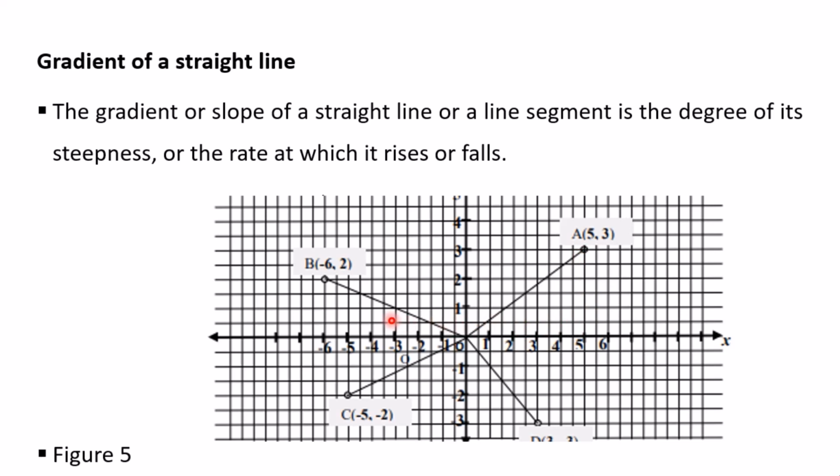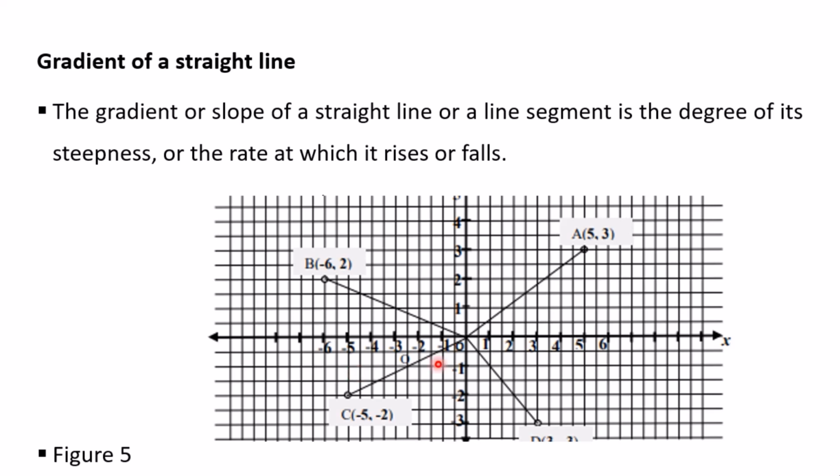When you take OB, for example, for every 2 units you move upwards, that's the vertical, there is a corresponding -6 units. When you look at OC, for every 2 units downwards, that's -2, there is a corresponding 5 units to the horizontal. So that's going to give us -2 over -5, and the negatives cancel each other. That's going to give us 2/5.